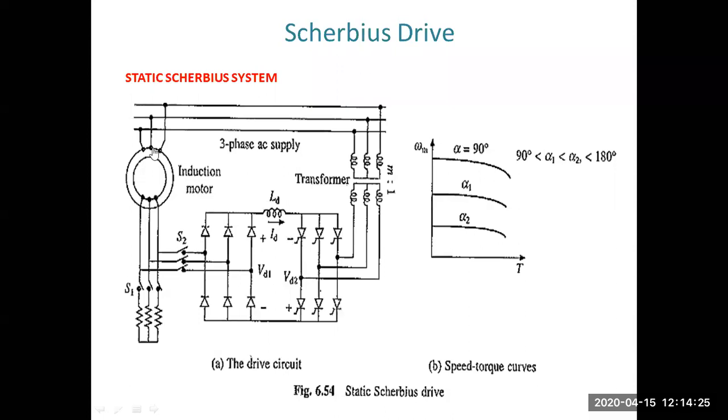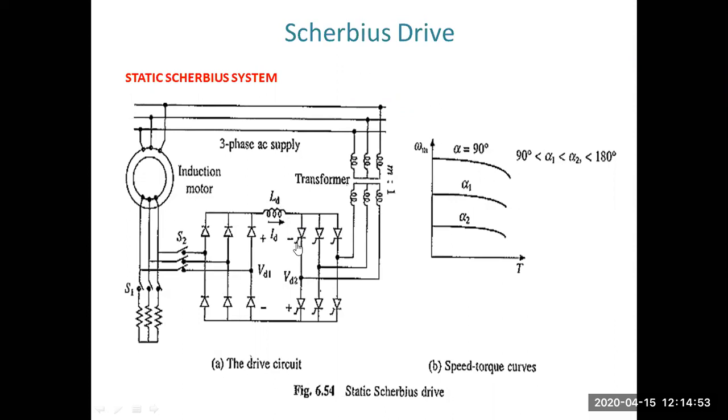So this is how the motor first starts, and then we connect the rotor side to the rectifier side. The rotor power is fed back to this rectifier, which converts it into a DC voltage, VD1 in our case. This VD1 is applied across this inductor LD, which further smooths the ripples in the supply, and then this voltage is applied across the inverter.